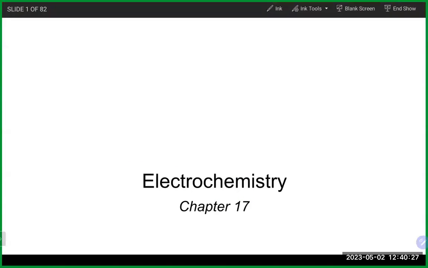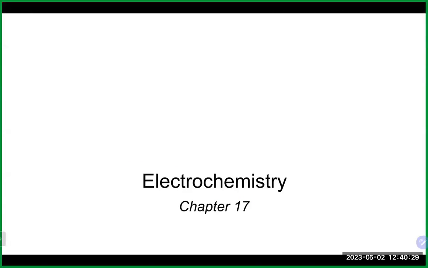We're off to chapter 17, which is electrochemistry. So we're going to talk really about redox reactions in this chapter. We're really going to mainly focus in on galvanic cells, which is a type of redox reaction. We'll talk a little bit about batteries and then some, what do they call that, electrolysis at the end.